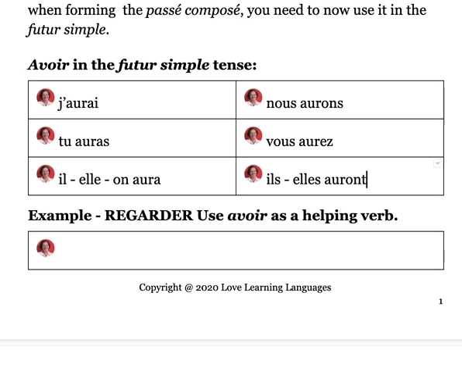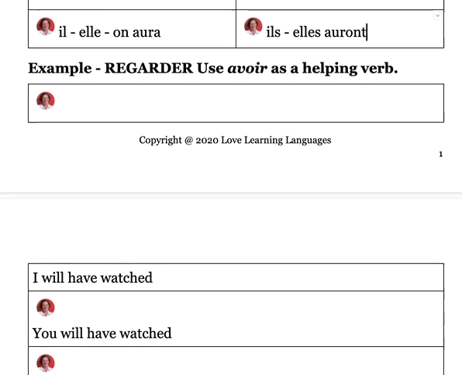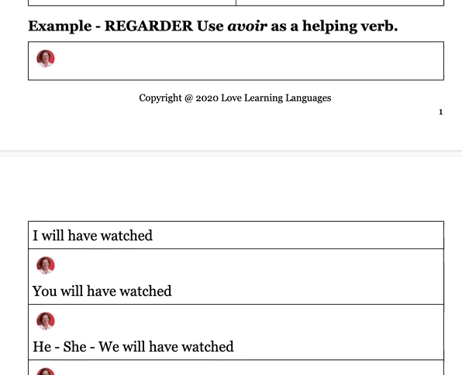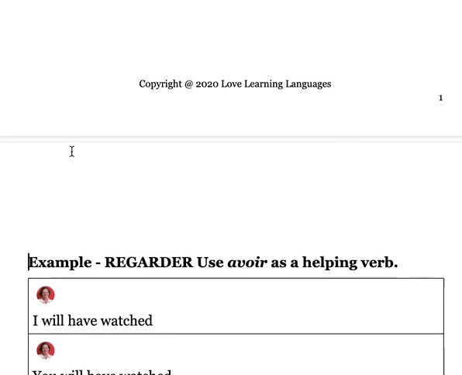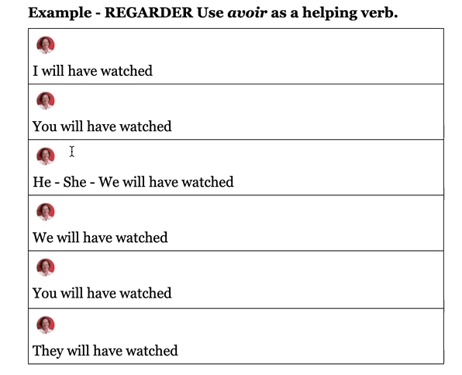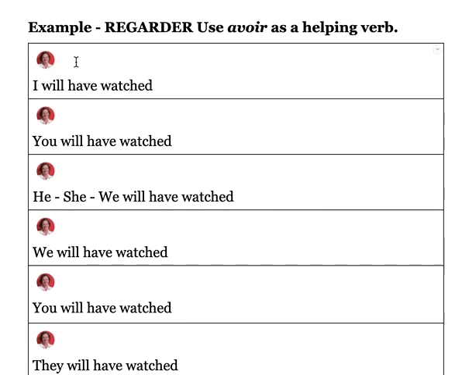So we're going to, of course, begin with an example here. We're going to take the verb regarder. It's a regular verb that uses avoir as helping verb. So what we want to say is, I will have watched. Okay, let me put this all down here on the same spot. I will have watched. So what I'm going to do is start with je, of course.